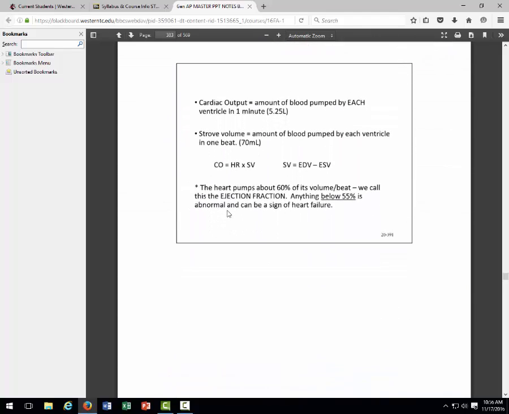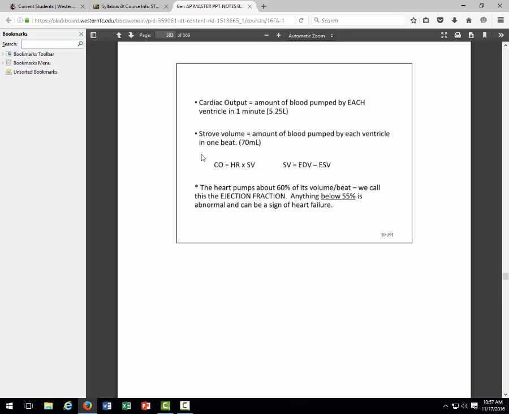So when we look at a person's heart function, we look at cardiac output. So when the heart is contracting, how much is leaving that heart per minute? And it should be about 5.25 liters in a healthy adult male in his 20s. And stroke volume is a term that we use to describe how much is leaving the ventricle per beat.